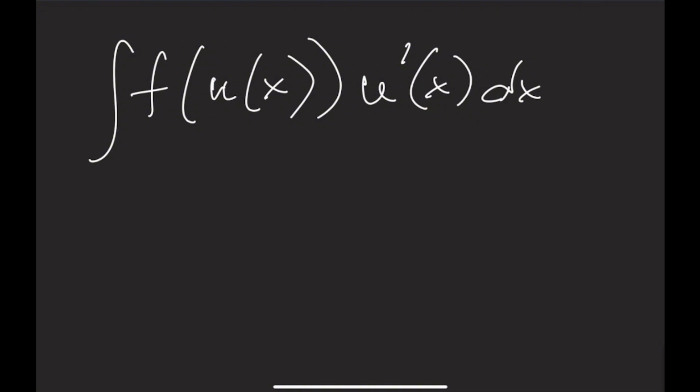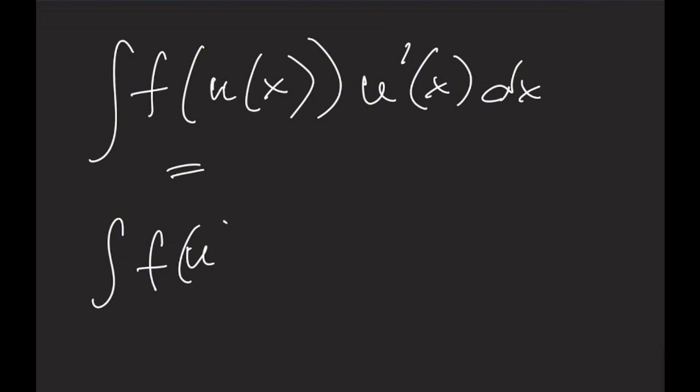And so if we have a function of this form, we can say it is equal to the integral of f of u, and then we put it in terms of du now instead of dx. And so that's the main idea of the rule of substitution. Some people call it u-substitution, but really it's just called the ROS, the rule of substitution.